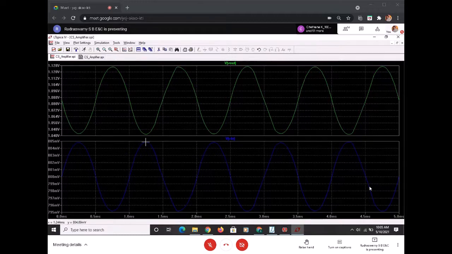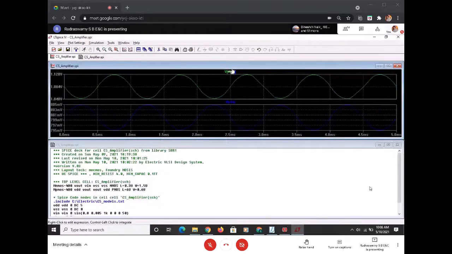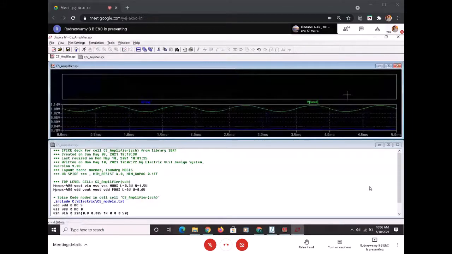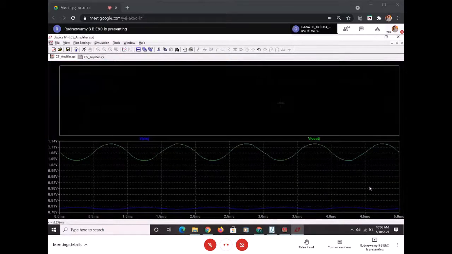So I get approximately 0.1. I just want to remember here: you can see this difference of this and this is your V out. Almost I am getting a 0.1 difference.